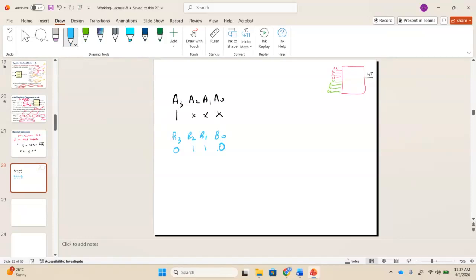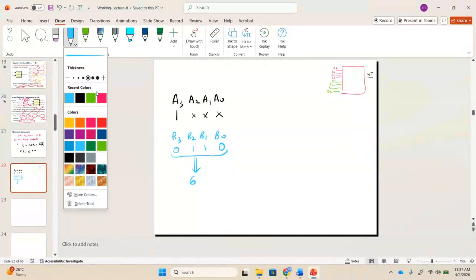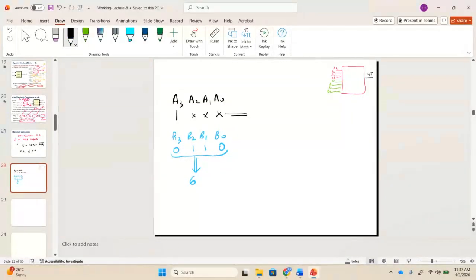Now, what is the value of B here? Can you tell me? Help me. 6. The value of B is 6. And what is the value of A?